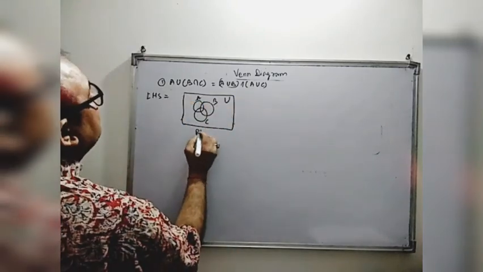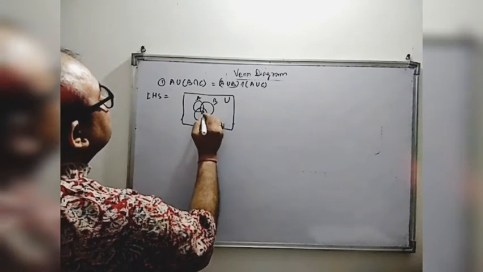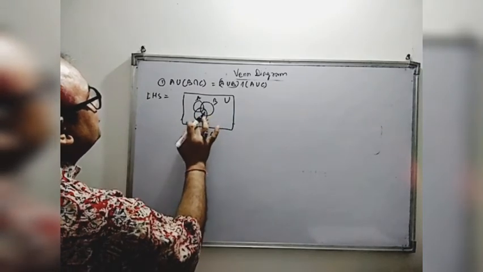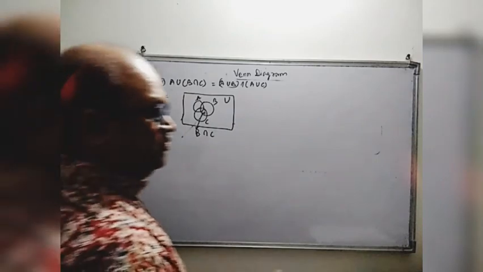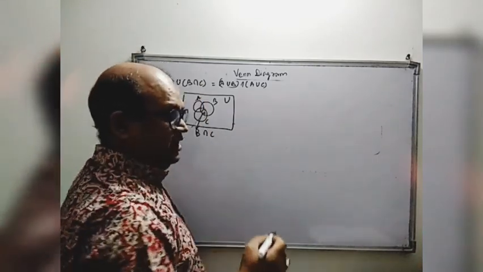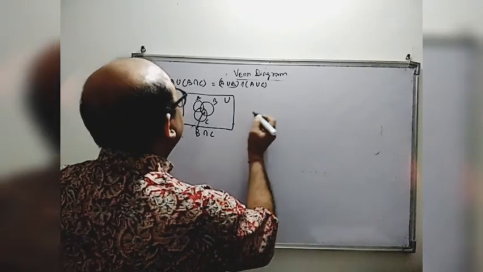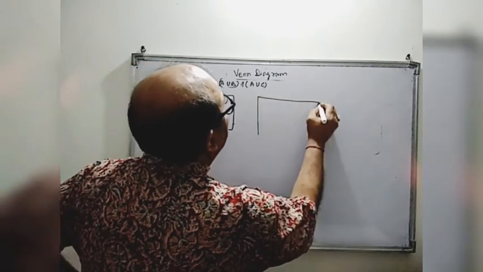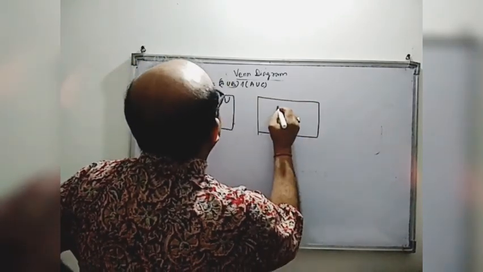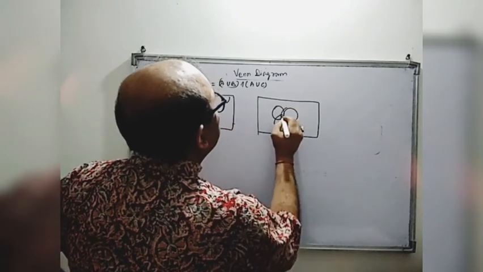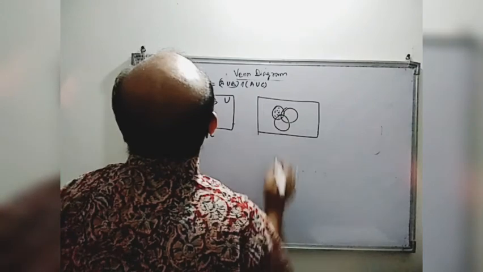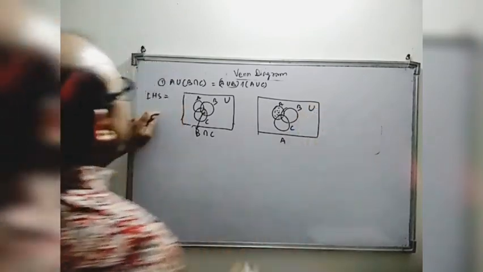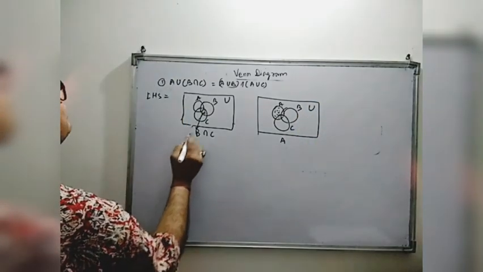Now, B intersection C: this portion is B intersection C. Now I write A union B intersection C. This is set A. So A, B, C, U. Now LHS is A union this B intersection C.